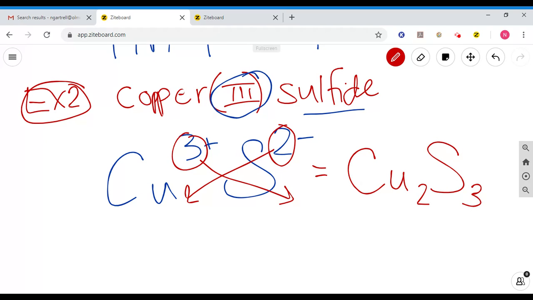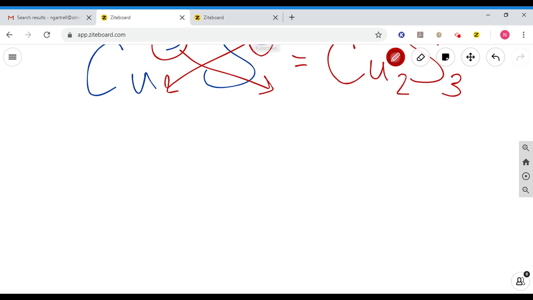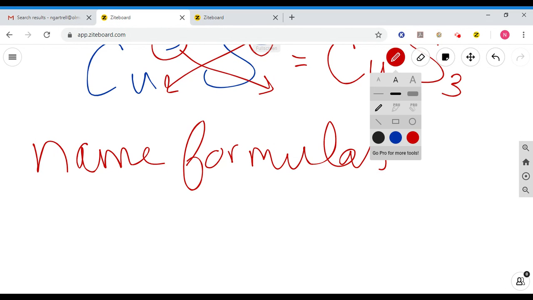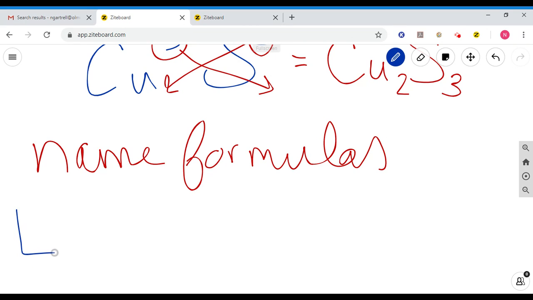All right. For our new lesson today, we're going to learn how to name formulas. So when we're naming formulas, you might get something like LiF, and you have to name it.